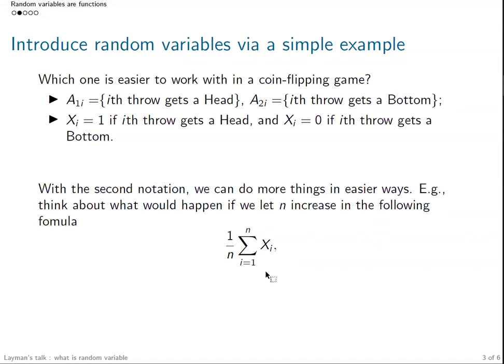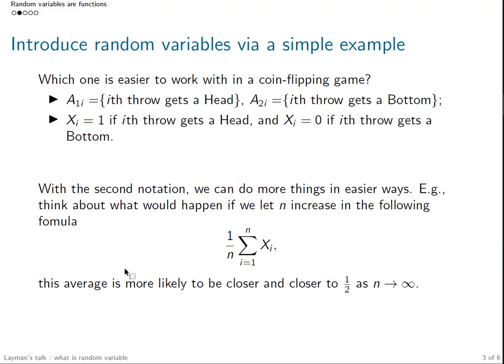But based on our daily experience, we know this sample average is going to be more and more likely to be closer and closer to half as we throw more and more times. So with the second set of notation, we can simplify a lot of things. If you want to express similar ideas with set operations, it's going to be a little bit messy, I would say. Not as easy as working with numbers.